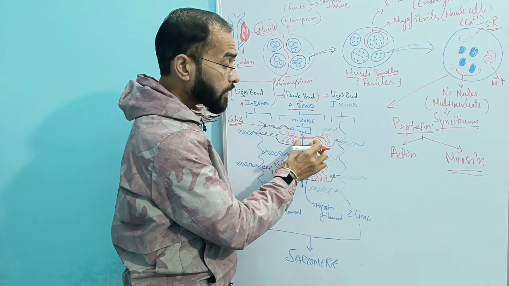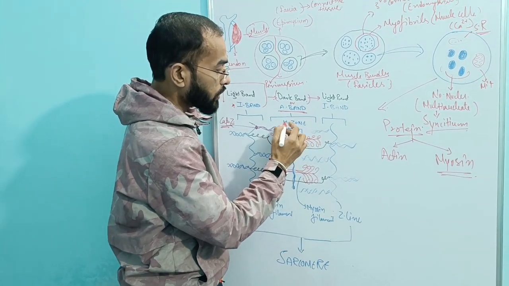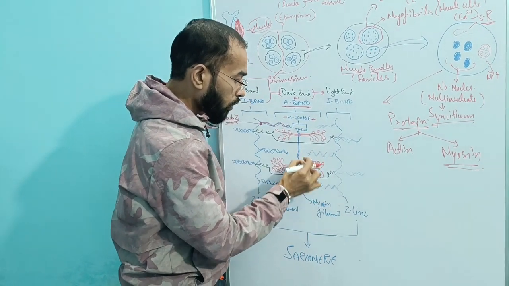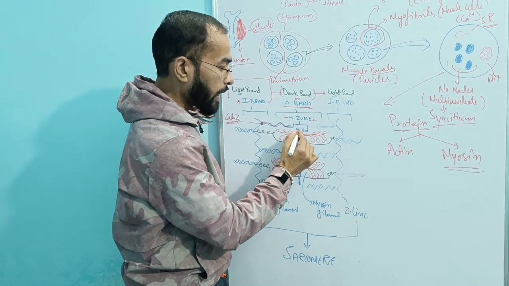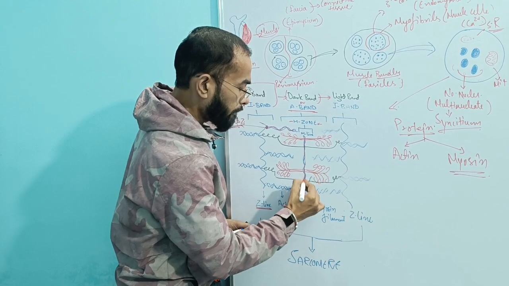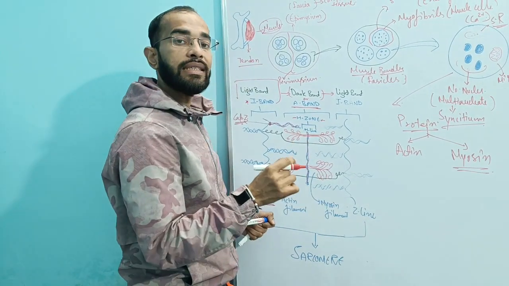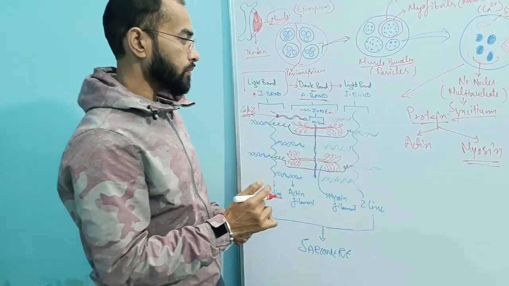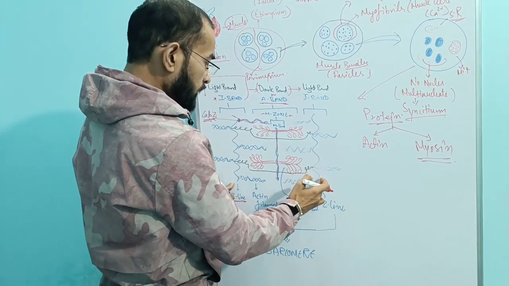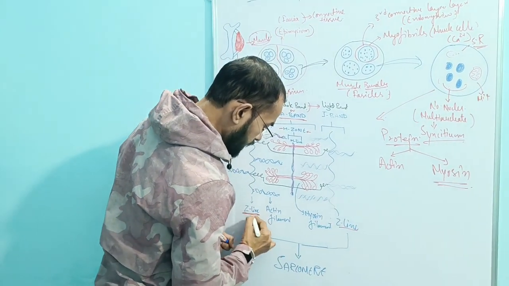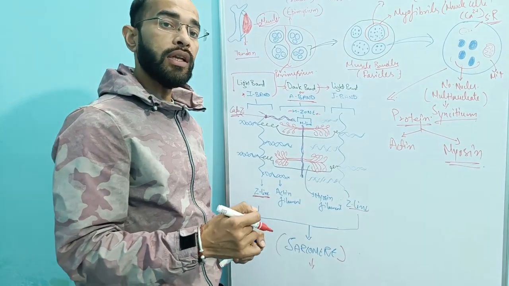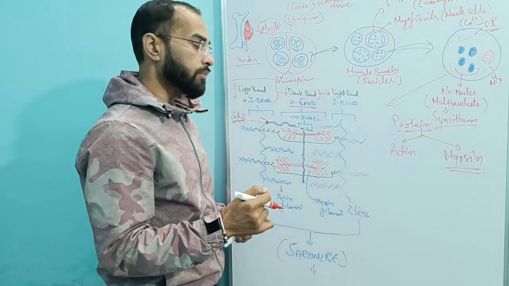The non-overlapped region of the myosin filament forms the H zone, and the center of the non-overlapped region is connected by a protein which is known as M line. M, as it lies in the middle of the sarcomere. Then the part between two consecutive Z lines is known as sarcomere, and sarcomere is the functional and structural unit of a muscle.